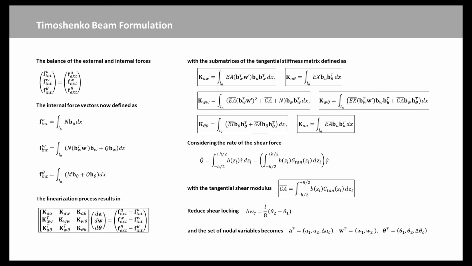However, for slender beams, that is, if the length to thickness ratio becomes high, so-called shear locking can occur. This can be overcome by forcing the shear strain to be effectively constant along the beam axis. By adopting the constraint, the set of nodal variables becomes new expressions.